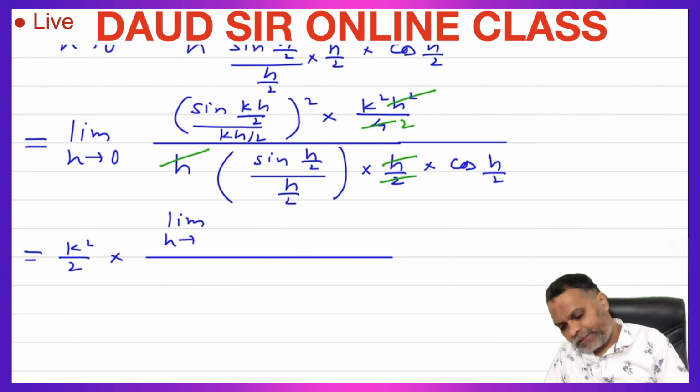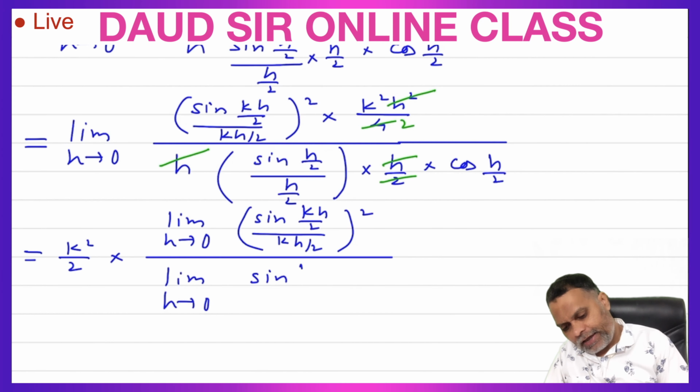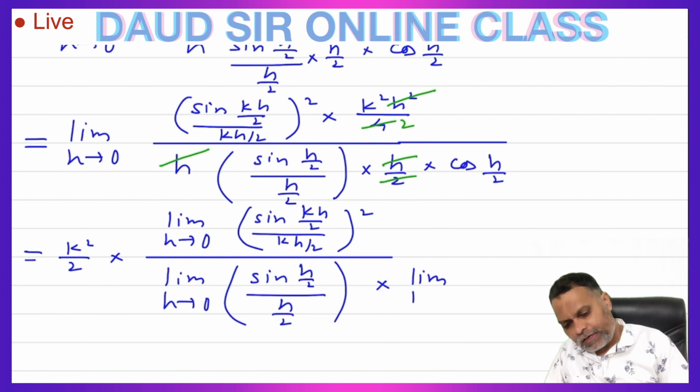Limit h tends to 0 sin(kh/2) upon kh/2 whole square, upon limit h tends to 0 sin(h/2) upon h/2 into limit h tends to 0 cos(h/2).